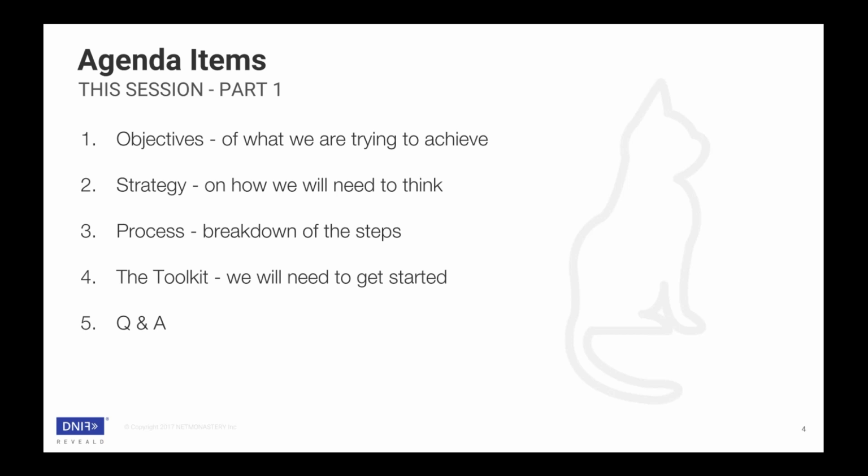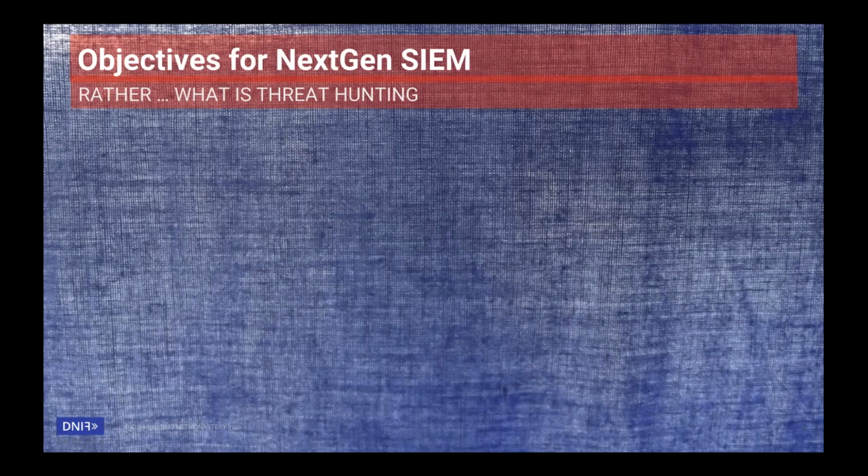Okay, let's get going. What are the objectives of the next gen SIEM, rather than what is threat hunting? These are convoluted questions, but I wish I could ask this to an audience and have somebody speak back. When I do, I typically see answers like, the next gen SIEM should be able to predict attacks.